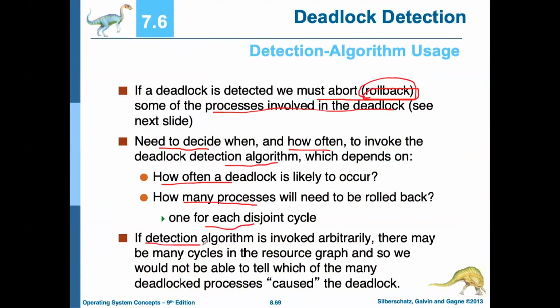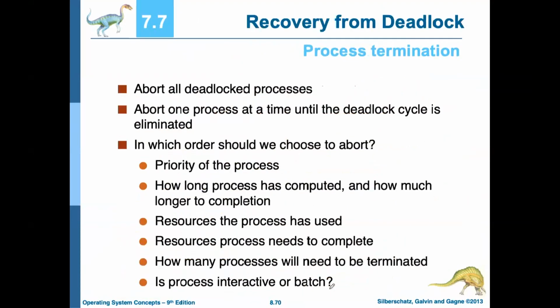If the detection algorithm is invoked arbitrarily, there may be many cycles in the resource graph, and so we will not be able to tell which of the many deadlocked processes caused the deadlock. All right, so it becomes a problem. Process termination: abort all deadlocked processes.